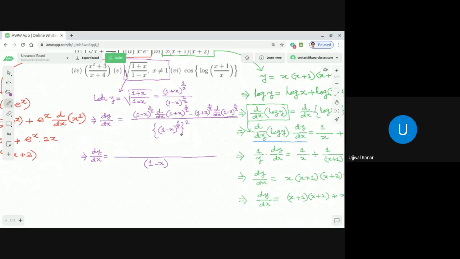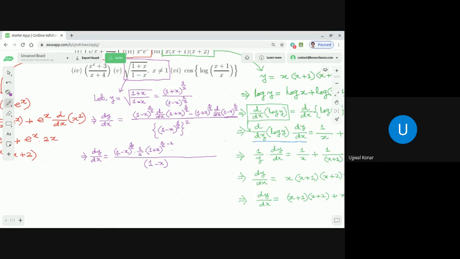So 1 by 2 into 2 gets cancelled and we get 1. Now here we get (1 minus x) power 1 by 2 into 1 by 2 into (1 plus x) power 1 by 2 minus 1, into d/dx of (1 plus x). Got it?